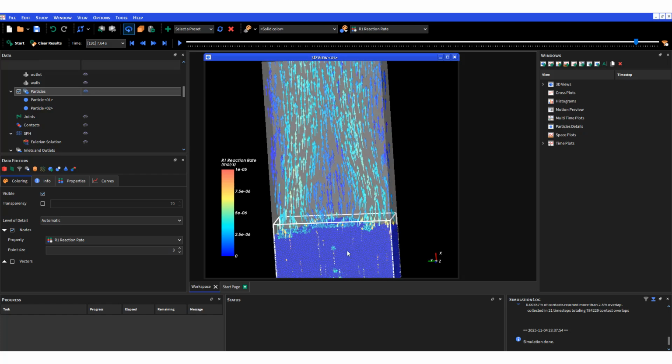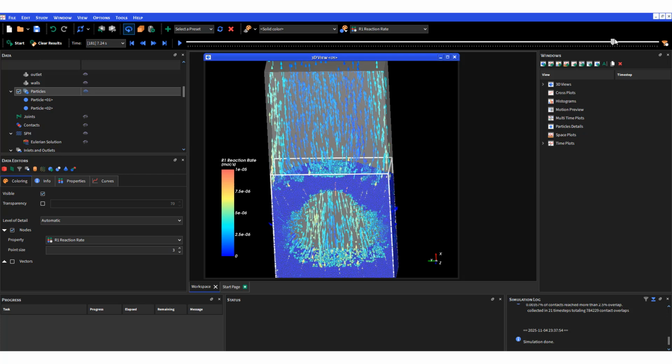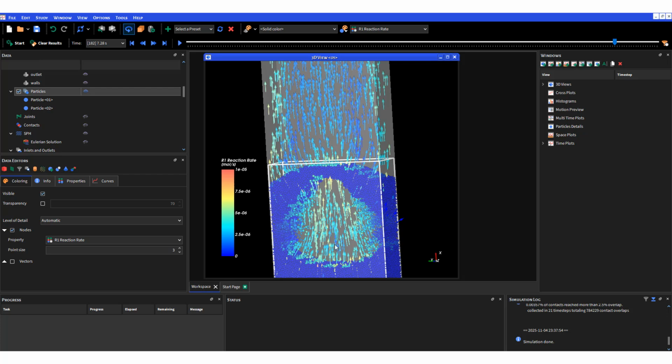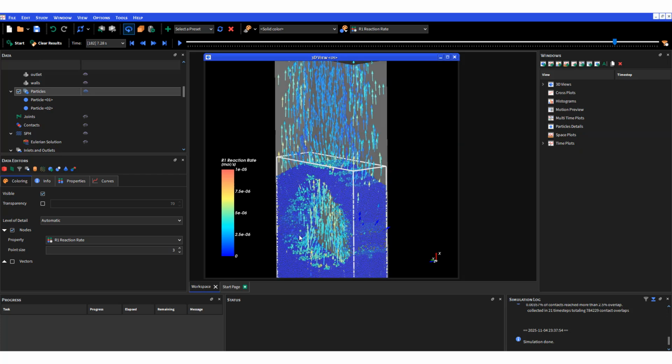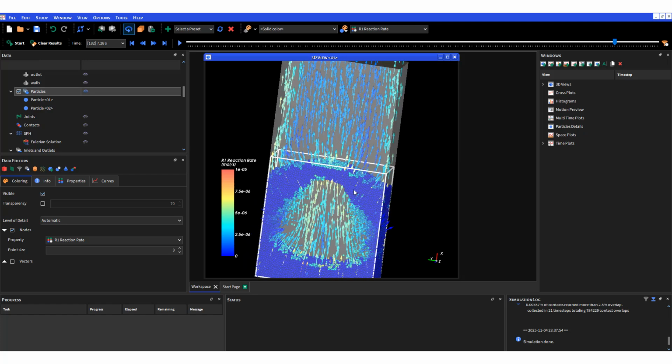We have a bit of reaction at the top as well, because it depends on the concentration of O2. So you can see in this hole that forms, we have quite a bit of reaction happening through this zone as well. So it depends a lot on the fluidization as well.